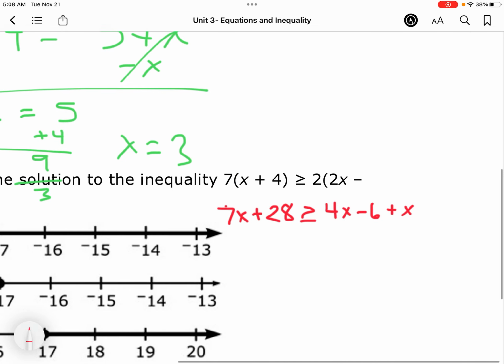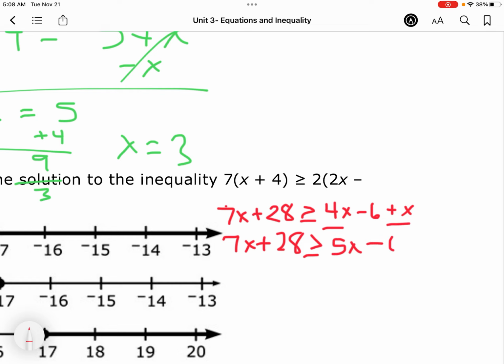Okay, so I'm going to combine like terms. So I've got 7x plus 28 is greater than or equal to 5x minus 6.